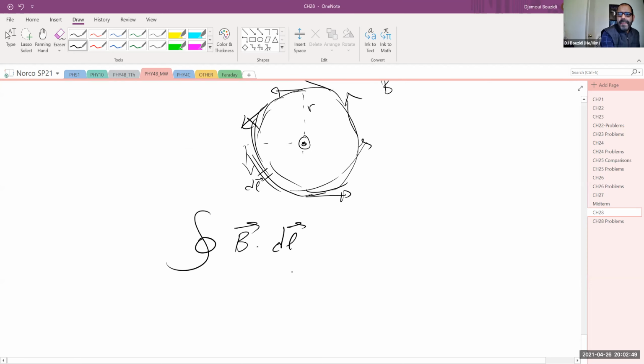So dl is along the path, and this is a vector. So any vector, the vector B now, this is its circulation. So this is by definition the circulation. Obviously it's a scalar. You can clearly see this is a dot product, not a cross product, okay?